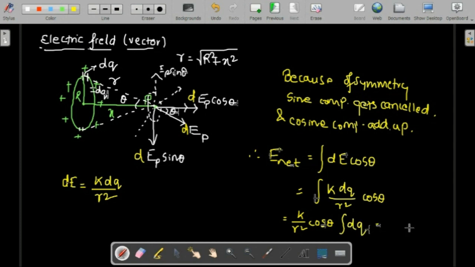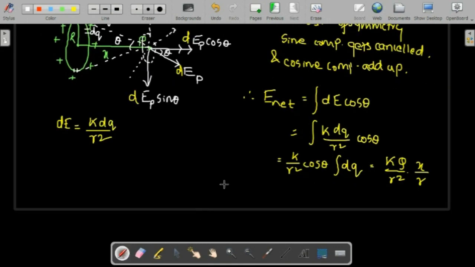Okay, so in simple words we can write it as k times the integral of dq, which is the total charge, let's say capital Q, divided by r square. What is cos theta? You can consider this triangle with theta, so it's nothing but base by hypotenuse. So I can simply write it as x divided by r. That's my cos theta.